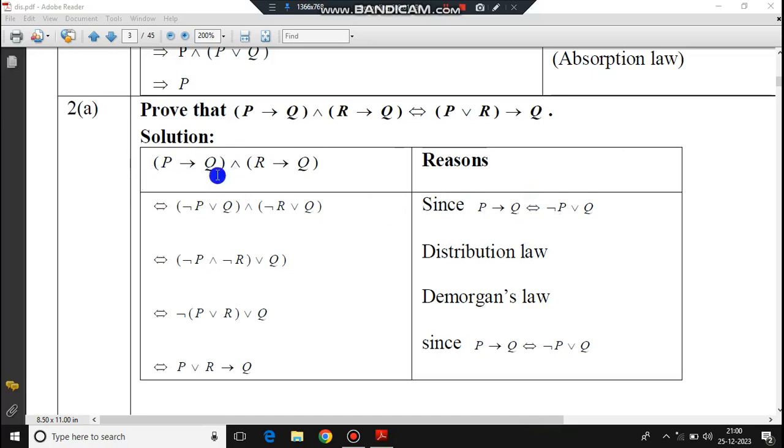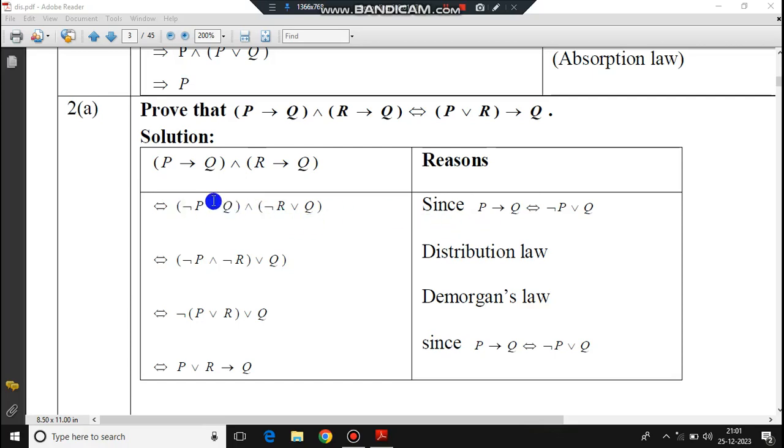P implies Q can be written as negation P or Q, and this and you are writing as it is. This R implies Q becomes negation R or Q. You will get by using this formula.